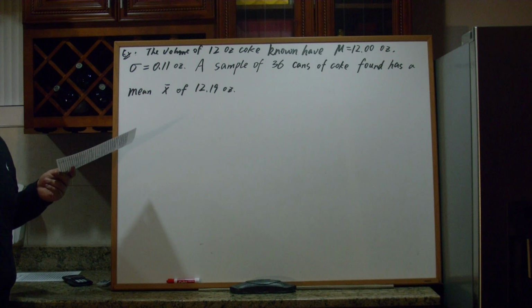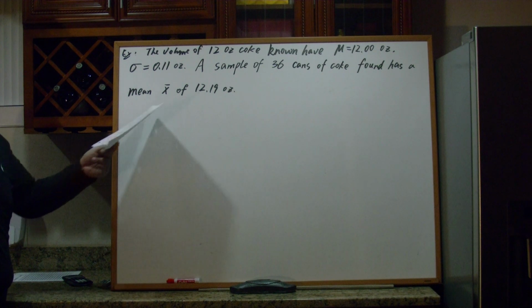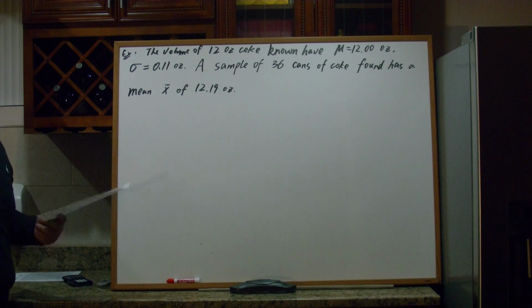Right, so we found a sample of 36 cans of Coke and it has a sample mean volume of 12.19 ounce.